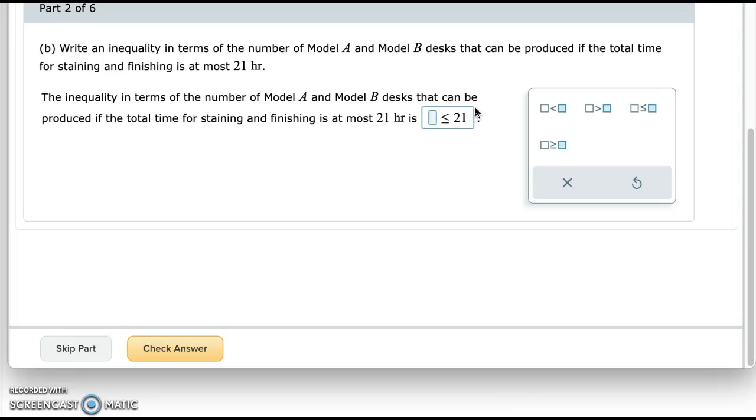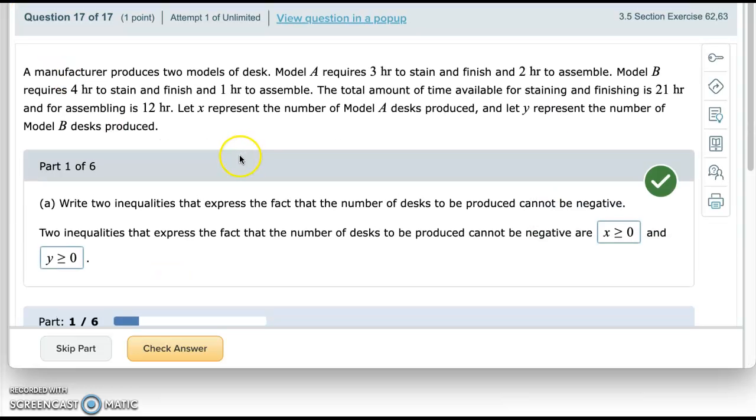on that right side. And then on the left side, it takes, and this is for staining and finishing. Let's go back up to the question and let's read. So stain and finishing, 3 hours for Model A, and for Model B it's 4 hours.